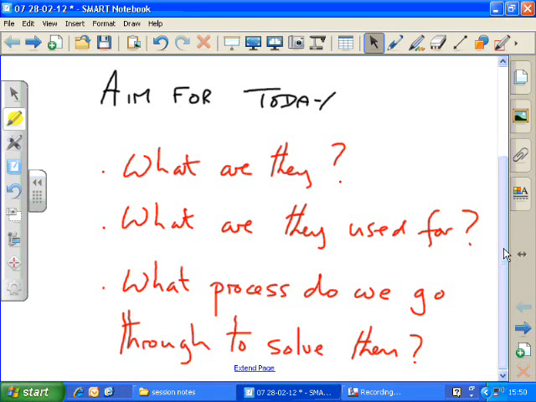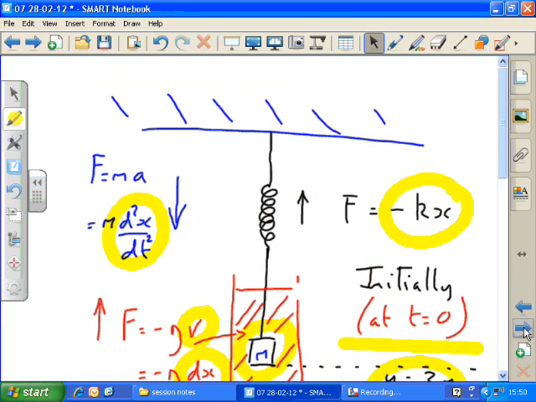They're differential because they've got differentials in them, dy by dx or d2y by dx squared, which makes it second order. What are they used for? They're used for modelling situations like this, masses on springs, and seeing what happens as the oscillation continues, and we can actually find a solution and plot how this mass will oscillate up and down.